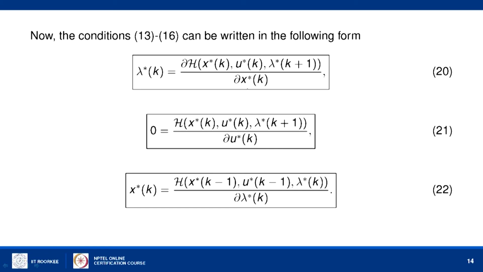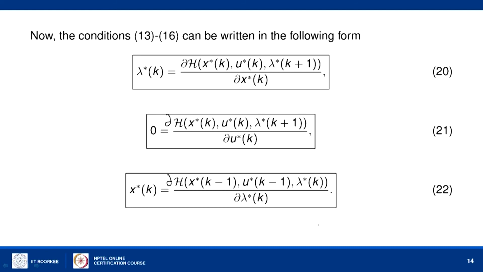So, del H by del x of k equals lambda of k, del H by del u of k equals 0, and similarly del H at k minus 1 by del lambda of k is x of k.